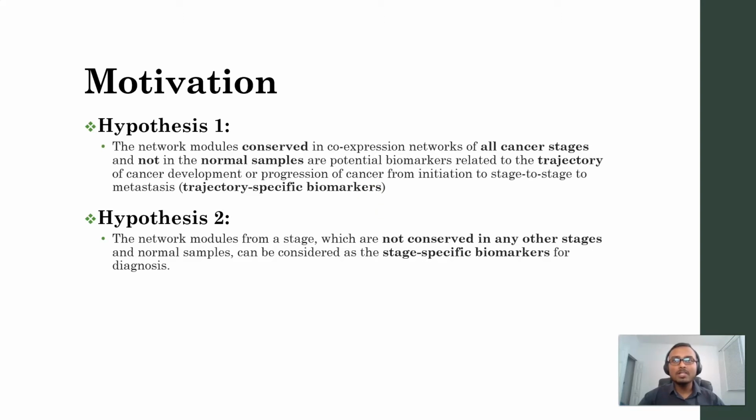They are related to cancer development or cancer progression from initiation to stage 1, to stage 2, and so on, and to metastasis. And those cancer modules which are not conserved in any other cancer stages can be considered as cancer biomarkers only related to that particular stage, and thereby they can be called stage-specific biomarkers.